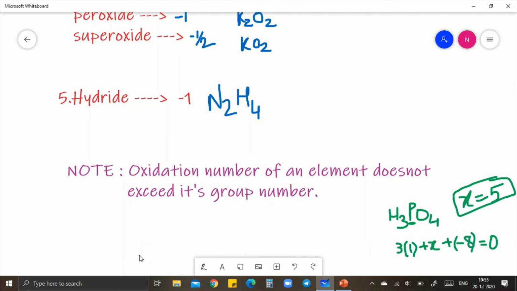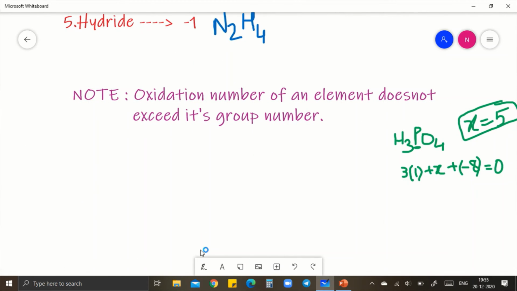Now coming to this note, we'll see an example of how it is valid. Coming to CrO5, we want to know the oxidation state of chromium here.